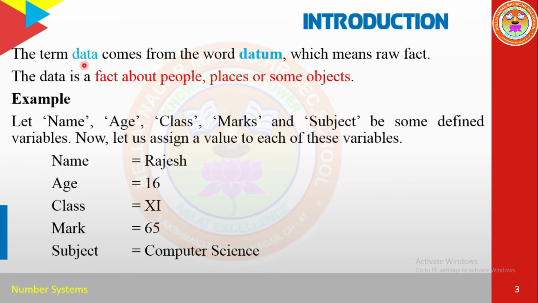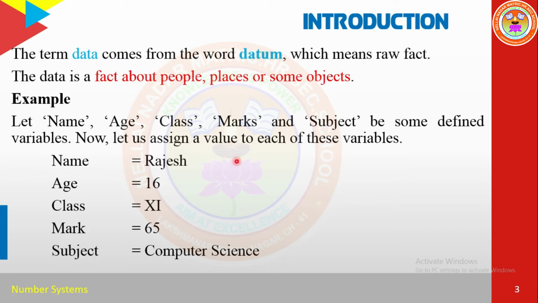Examples like name, age, class, marks and subject are the different types of data. We assign a value to each and every variable. So what is a variable?